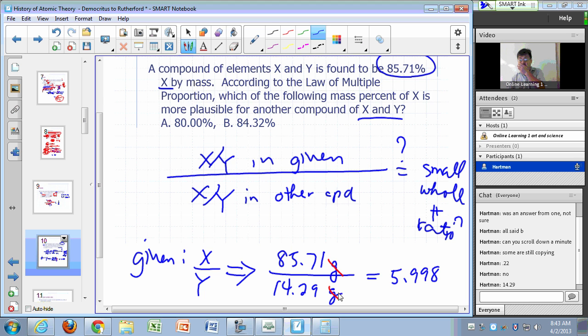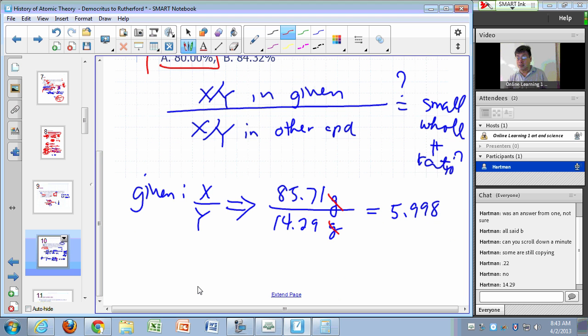Okay? Now, let's look at the other compound. Let's pretend A was the correct answer. If A is another compound of X and Y, what would be the mass to mass ratio in compound A?